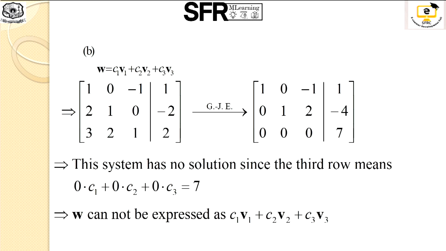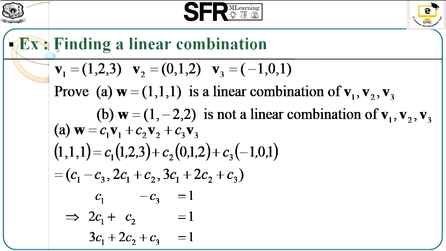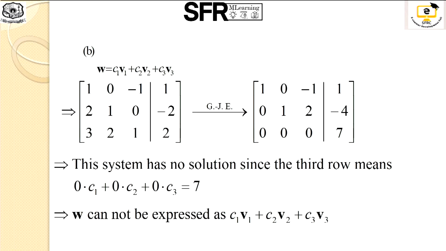Second one, here w is equal to (1, -2, 2). First of all, we take the linear combination w equal to c1 v1 plus c2 v2 plus c3 v3. Next, the system of equations can be reduced into matrix form, and we do some row and column operations to reduce the given matrix into an upper triangular matrix.